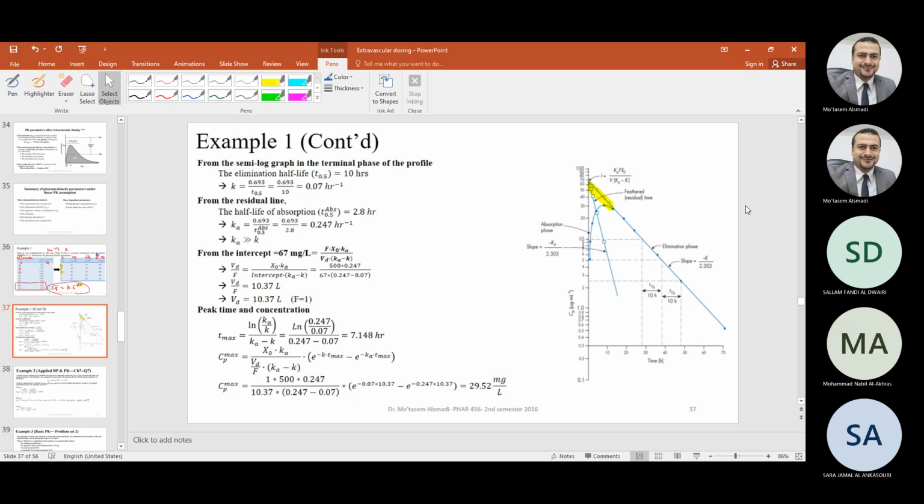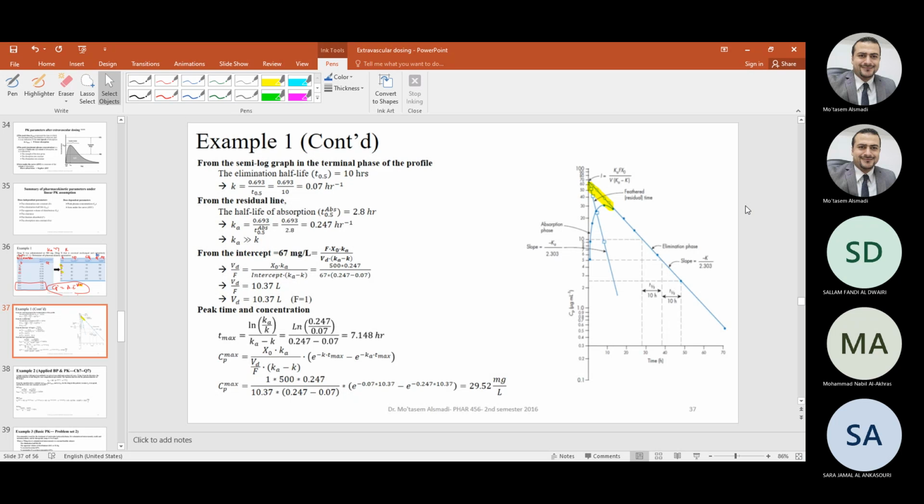That means the absorption rate constant is equal to 0.693 divided by the absorption half-life, 2.8 hours. That will give us an absorption rate constant equal to 0.247 per hour. And remember, the units for a first order rate constant are per time, right? Per hour here and per hour here, for the elimination rate constant and the absorption rate constant.